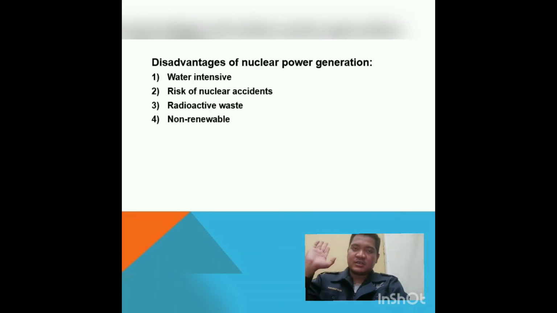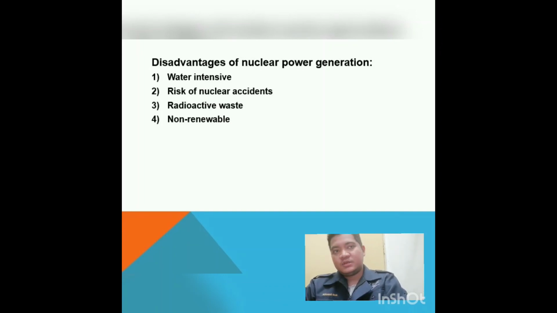We know from occurrences like the Fukushima tragedy, Chernobyl, and Three Mile Island in Pennsylvania that a nuclear plant meltdown may have disastrous consequences for the surrounding areas. In the case of a nuclear meltdown, dangerous radiation might flow, posing a risk to the environment and human health as a result of it.